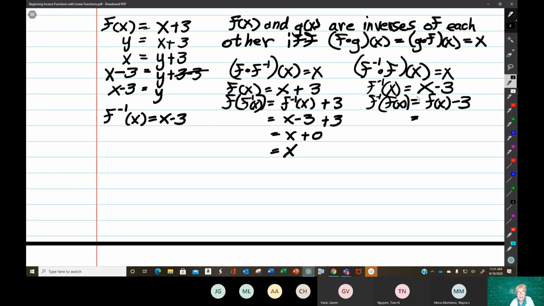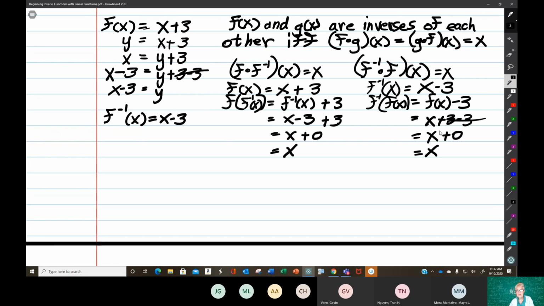Well, f of x is x plus 3 up here. So x plus 3 minus 3. 3 minus 3 is 0. That'll be x plus 0, which is x.